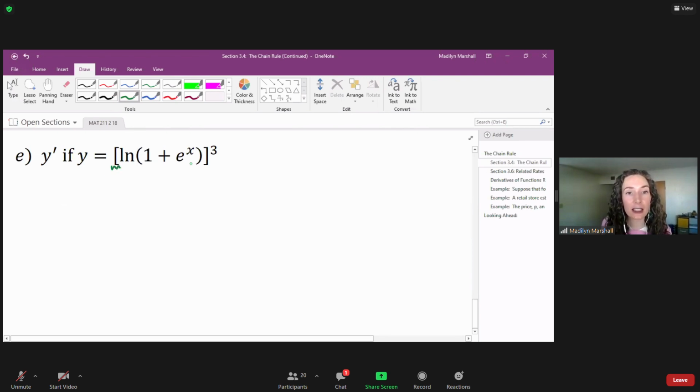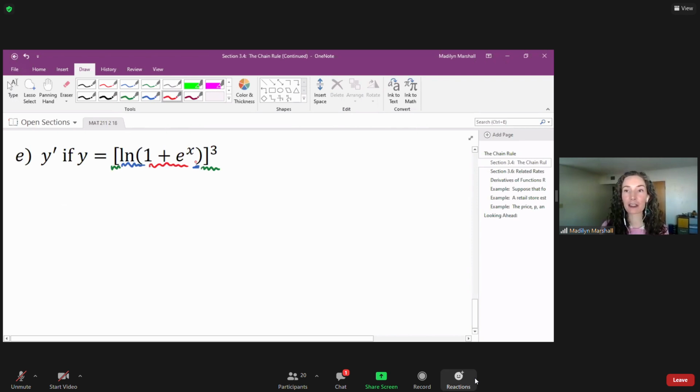So we have this totally outside function, which is the cube that's cubing everything on the inside of it. Then we have this next function, which is the natural log of whatever is inside of that. And then we have everything on the inside.